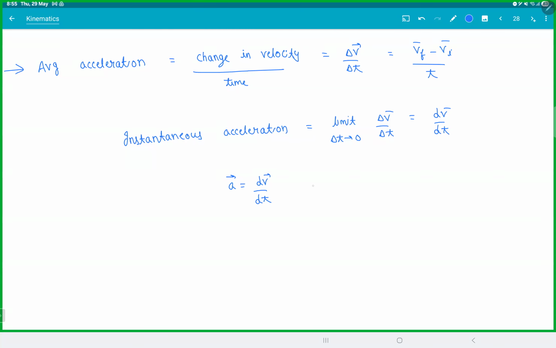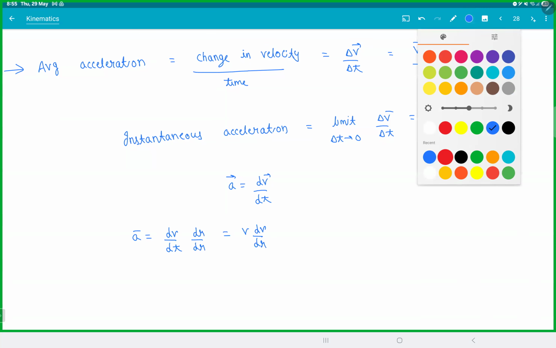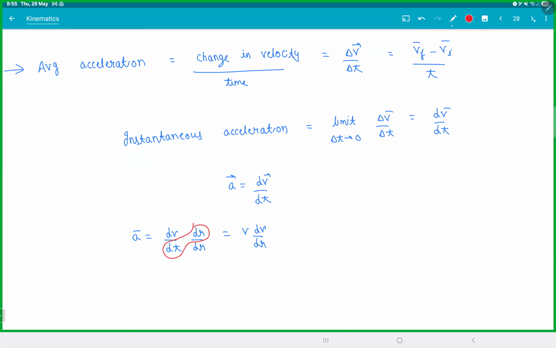There is another form of writing this. If you remember, we have done this in calculus. I can write this thing as dv by dt into dr by dr. I told you I'll give you a proper form for this: v dv by dr. Basically, this dr by dt becomes velocity.